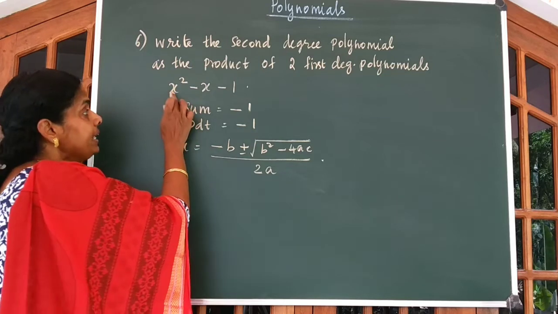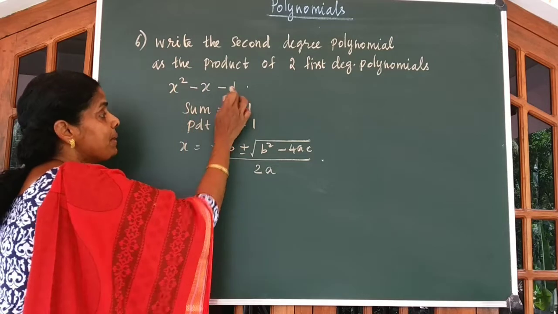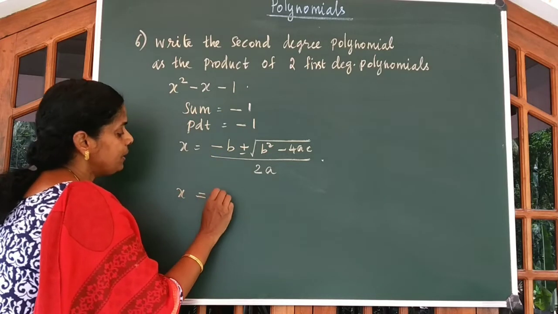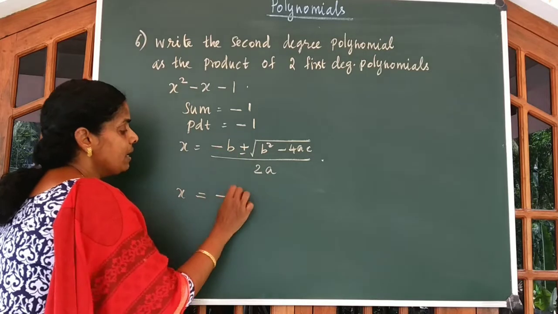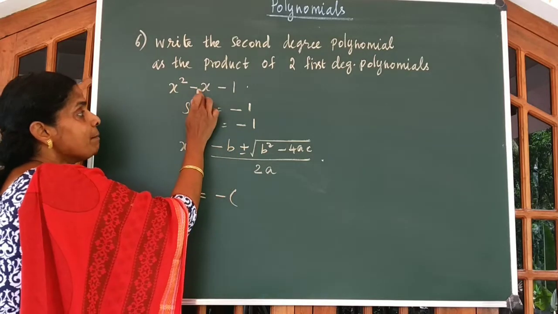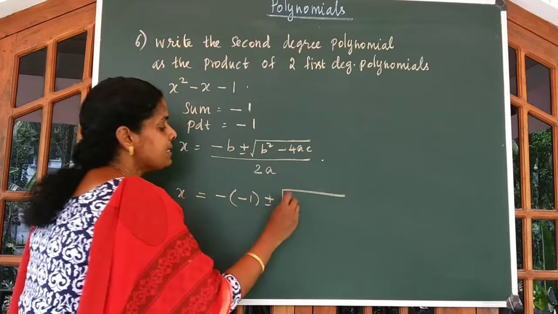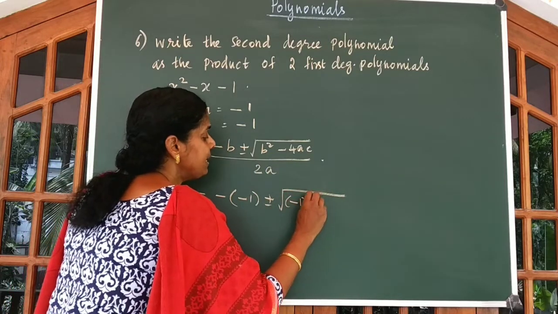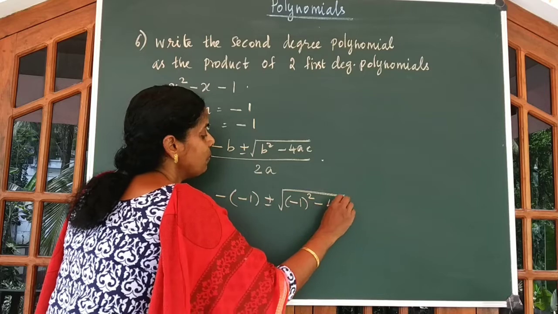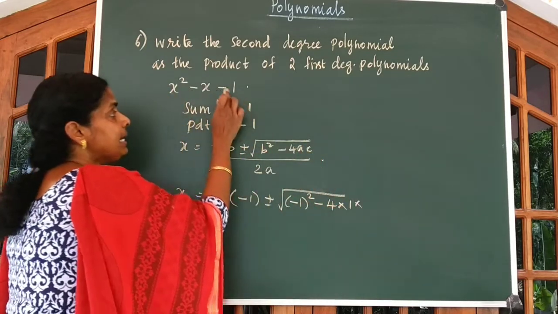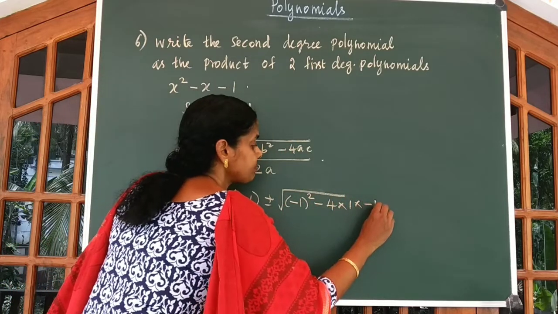Okay. Now let us substitute a, b and c in this formula. So we get x is equal to minus b. Our b value is minus 1 plus or minus root of b square, that is minus 1 the whole square minus 4 into a value is 1, c value is minus 1.